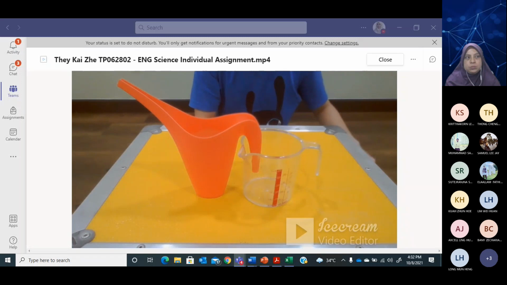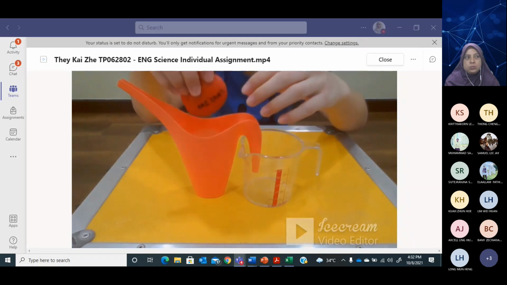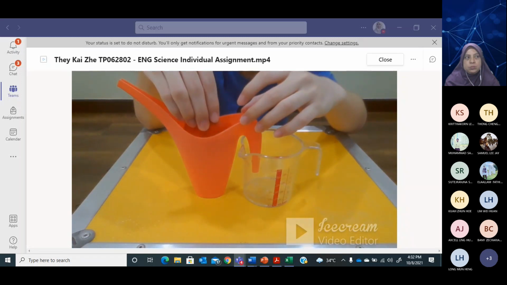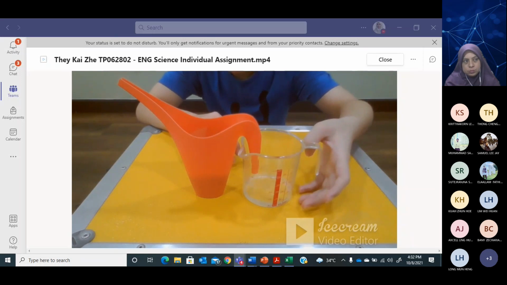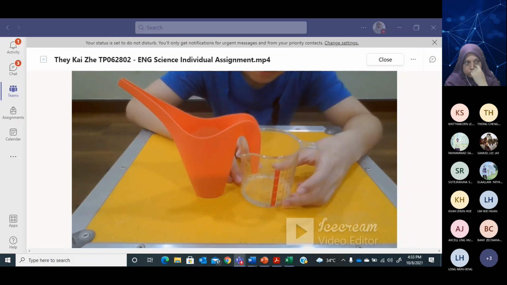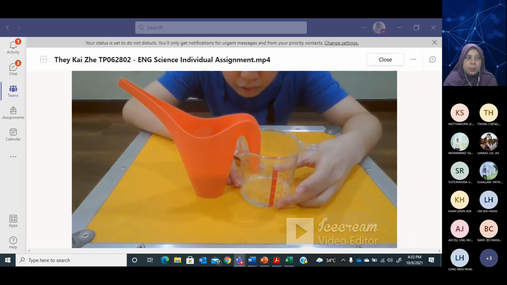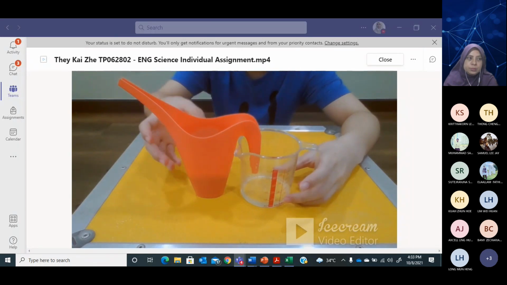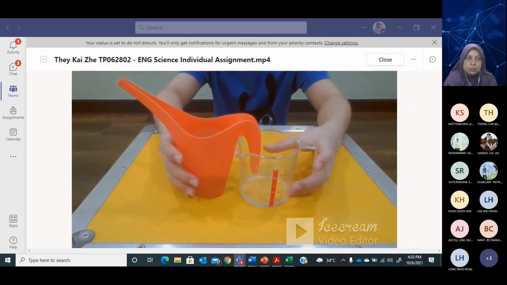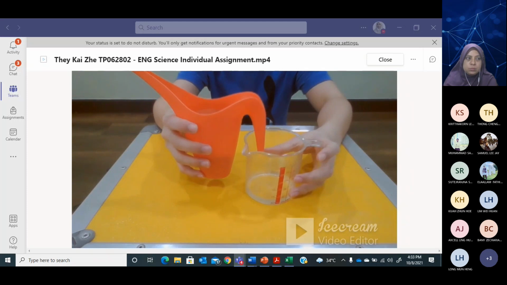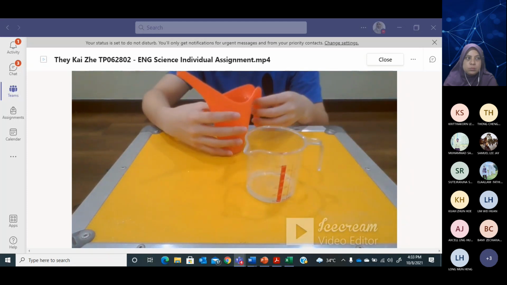And next I will put the rock into the watering cup. And as you can see, the mark on the measuring cup is 30 milliliters, proving that this watering cup is accurate. And now I will pour the water back.